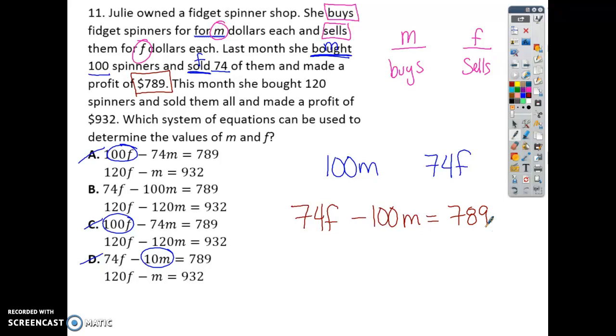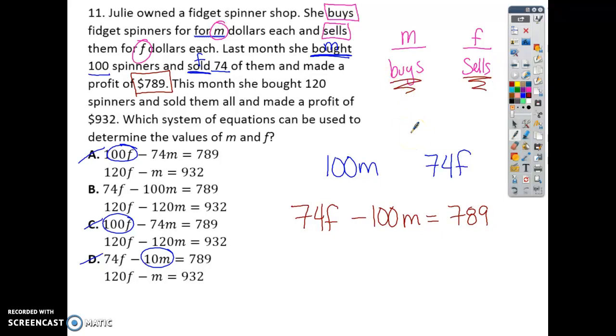If you're trying to make money off of fidget spinners, right, and you buy them for $2 each, you're going to want to sell them for more, right? So the sales has to go first minus the buys.